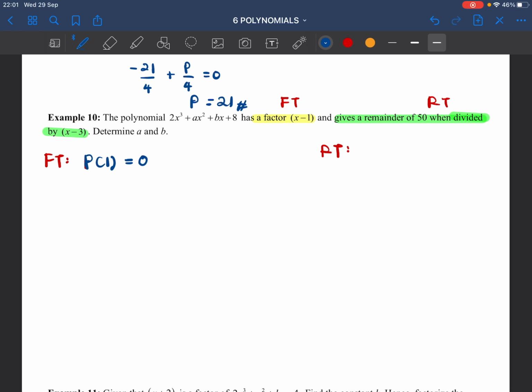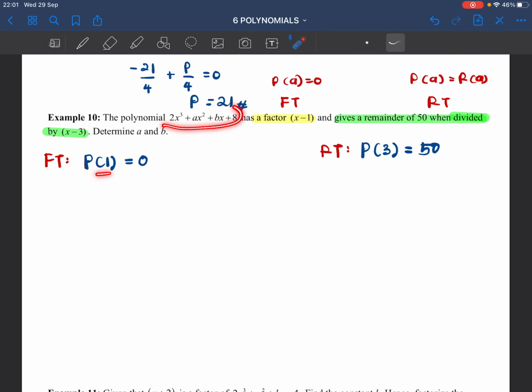The root here is 3, equals to, for remainder theorem, what? P of a equals to R of a. Okay, factor theorem P of a equals to 0. So it is already given to us that our remainder here is 50. So this is 50. Now as usual, just our simultaneous equation.